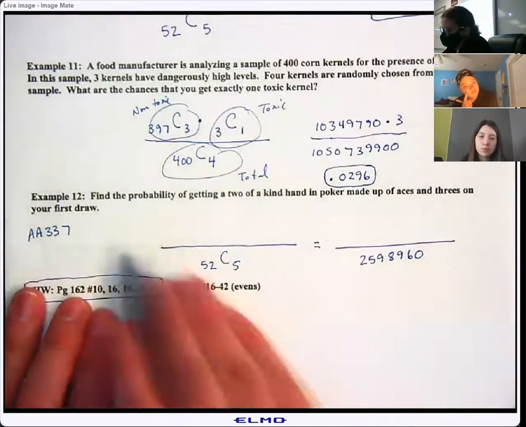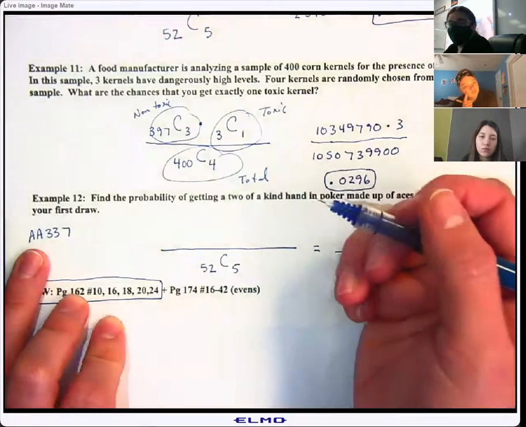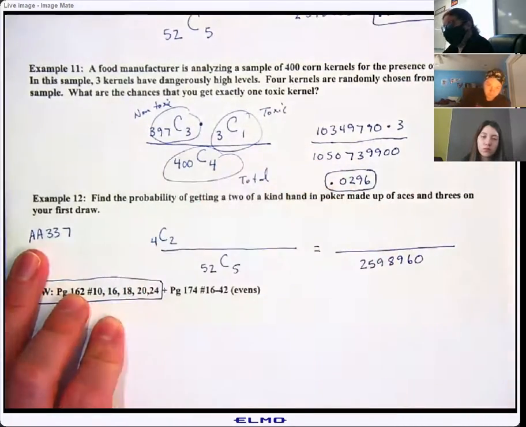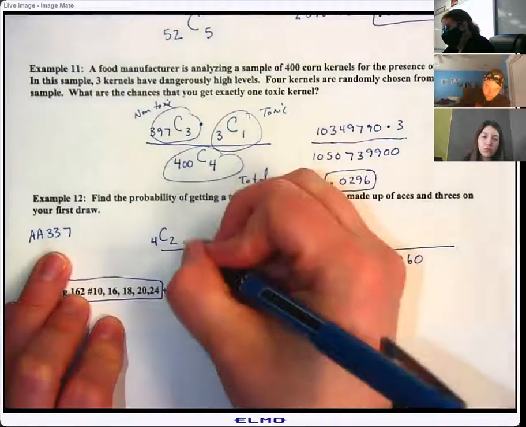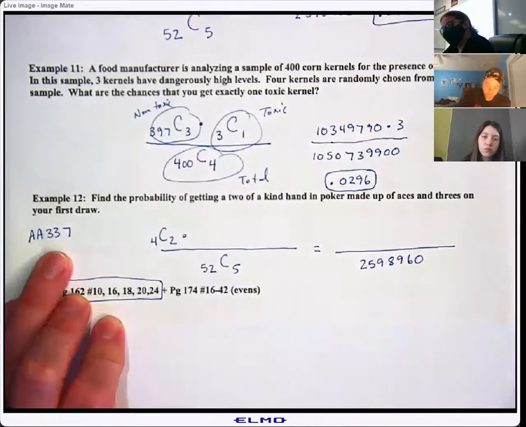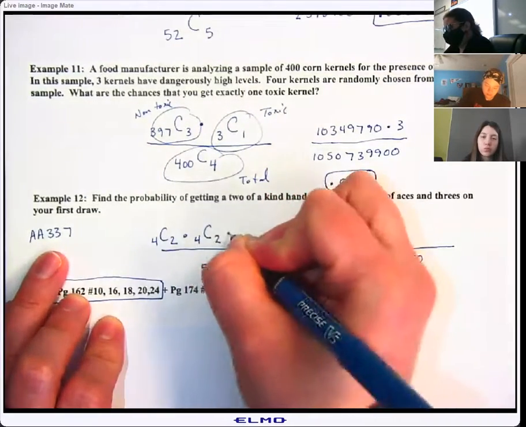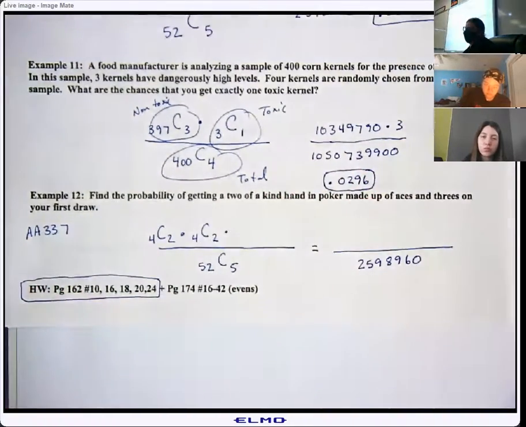Let's go through them in order. How many aces are there in the deck? 4, and we need 2 of them. How many 3s are in the deck? 4, and we need 2 of them. How many other cards are in the deck that aren't an ace or a 3?